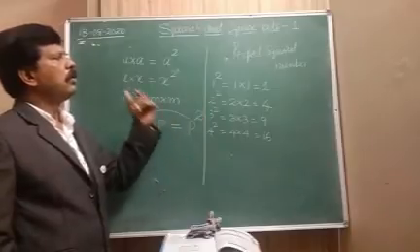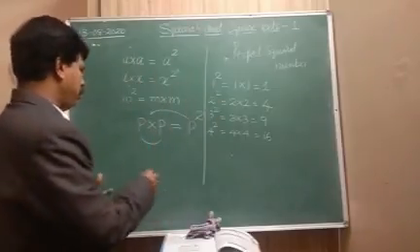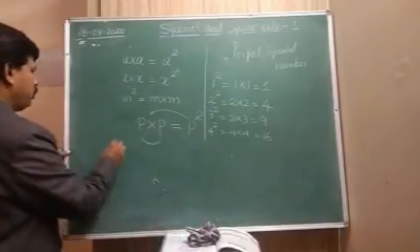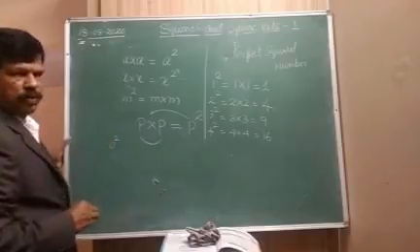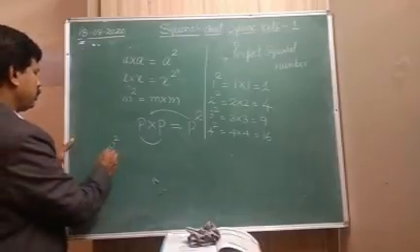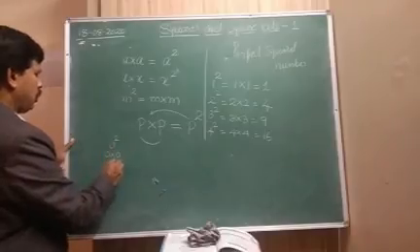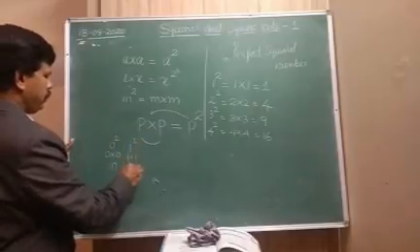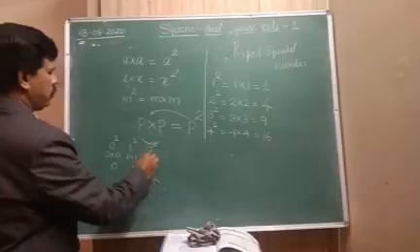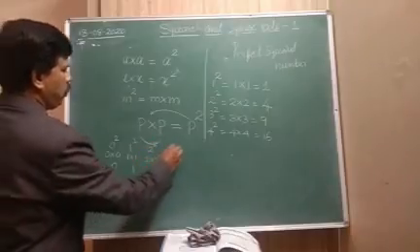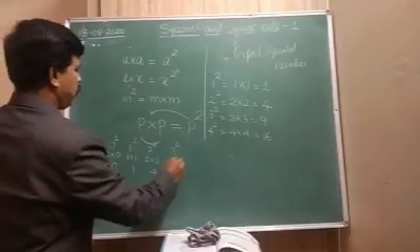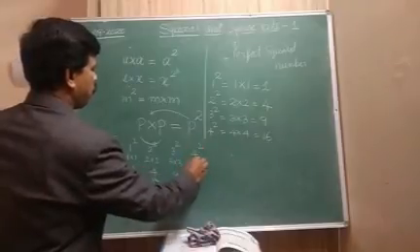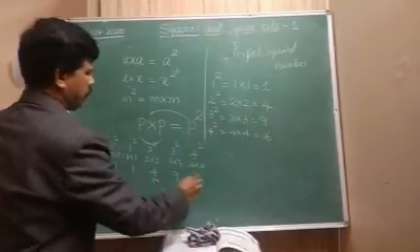Now let me write some perfect square numbers. 0 squared. When 0 is multiplied by itself, 0 into 0 is 0. Then 1 squared, 1 into 1 is 1. 2 squared, 2 into 2 is 4. 3 squared, 3 into 3 is 9. 4 squared, 4 into 4 is 16.